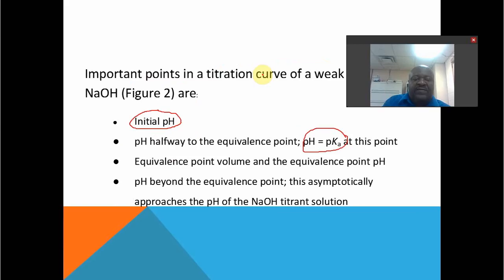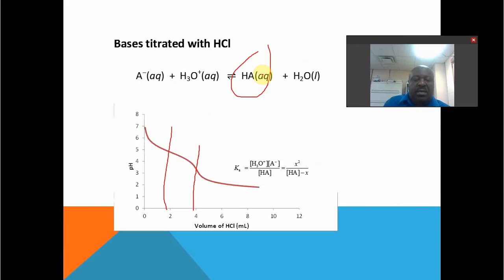All right, now if you're titrating a base, A minus, with this, then when you get here, you've converted all the A minus to HA. HA is a weak acid, so it's gonna do its acid ionization.